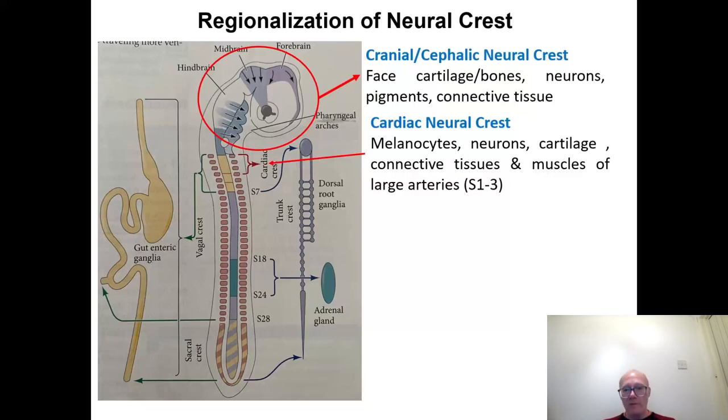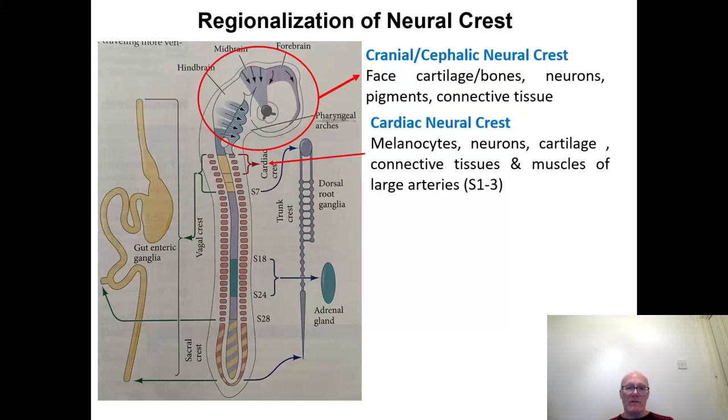Melanocytes are also called melanoblasts. These melanocytes are distributed along the skin of people and they produce pigments. They produce more pigment in people that have darker skin and less pigment in people that have lighter skin. They are also responsible for the production of more pigment when we tan, for instance.